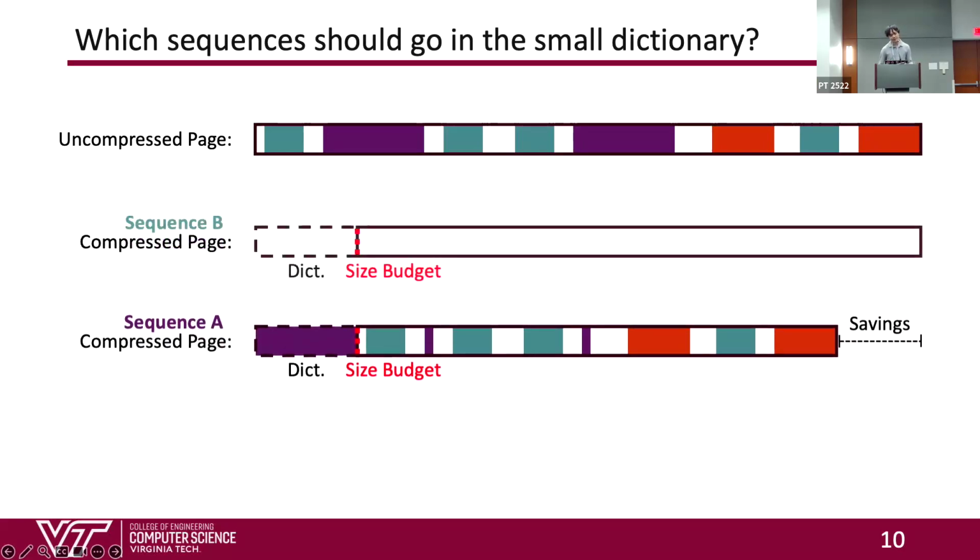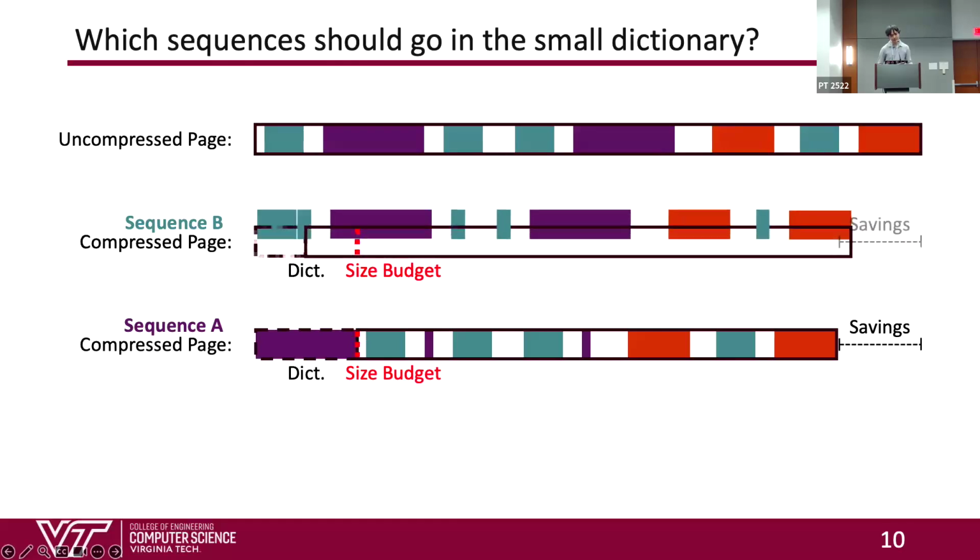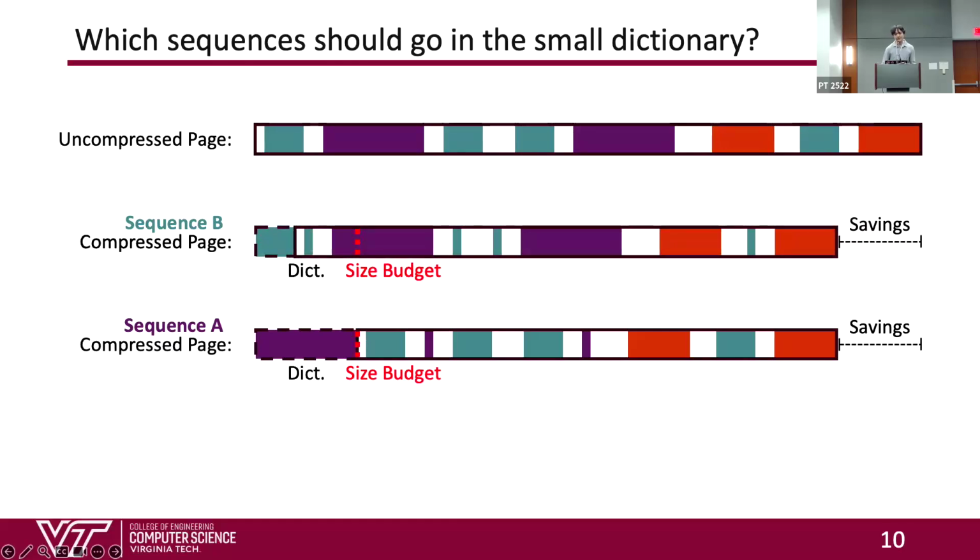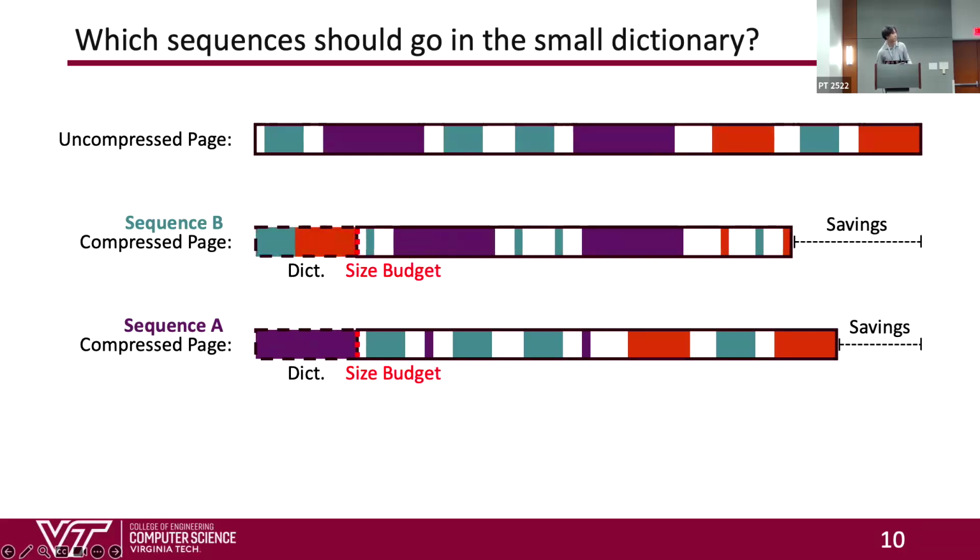Alternatively, we can choose sequence B, and you can see that it yields the same amount of savings, but sequence B is physically shorter in terms of data, so we can store more before we end up reaching our dictionary size budget. Sequence B ultimately was a better choice because, all things equal, it was smaller and therefore we can pack more sequences in.